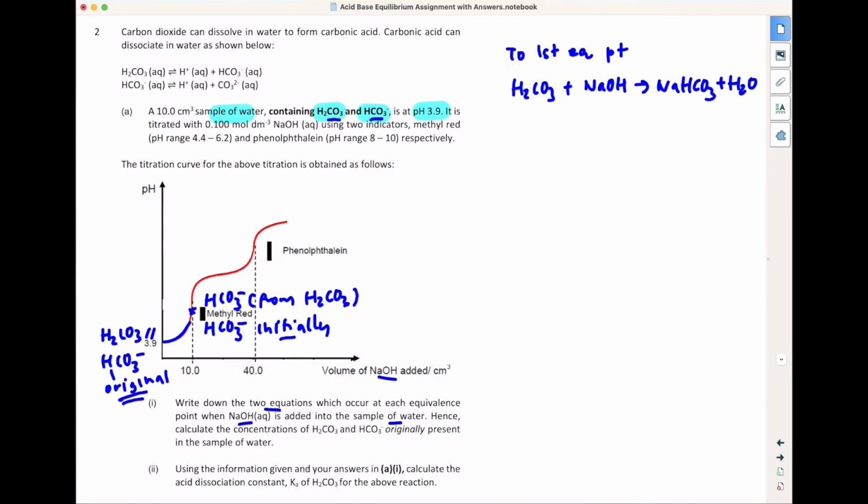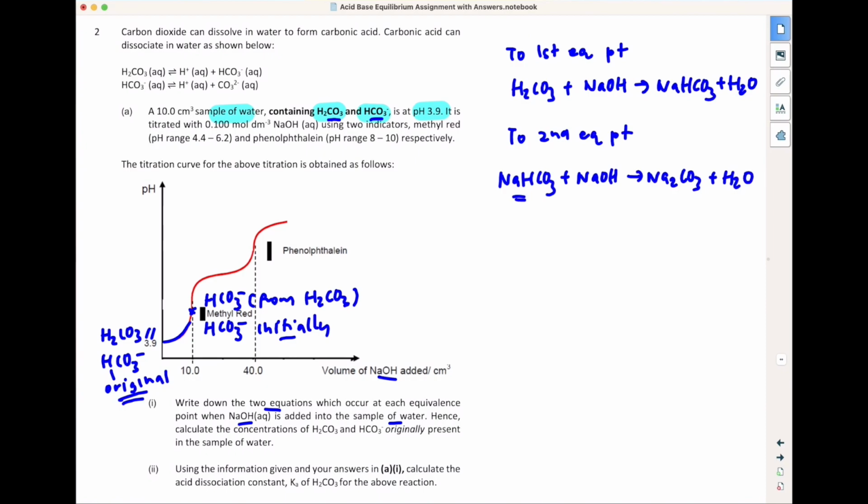So to the second equivalence point, the NaHCO3 will continue to react with NaOH, and you form Na2CO3 plus water. Alright, but this NaHCO3 came from 2 places.